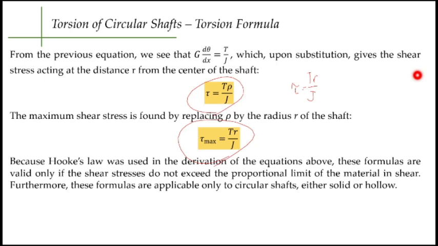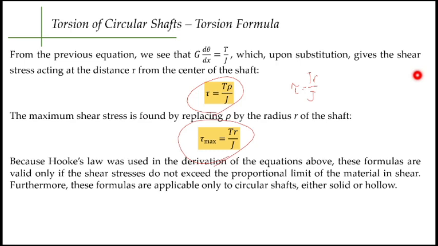As mentioned a while ago, maximum shear stress happens only at the surface. So the value of the radius that you use is the entire R in order to solve for the maximum shear stress.